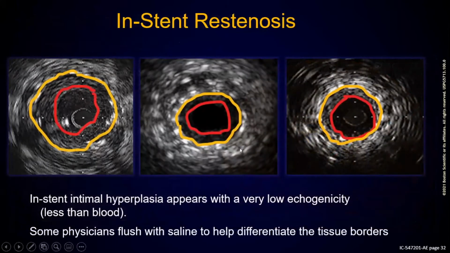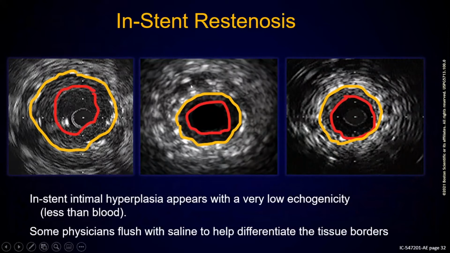So in-stent restenosis is again a very important aspect of PCI. We all know that despite drug-eluting stents, we still have about a 6 to 7% chance of restenosis of the coronary arteries. There are three different measurements which I have done, and this is all neo-atherosclerosis or intimal hyperplasia.